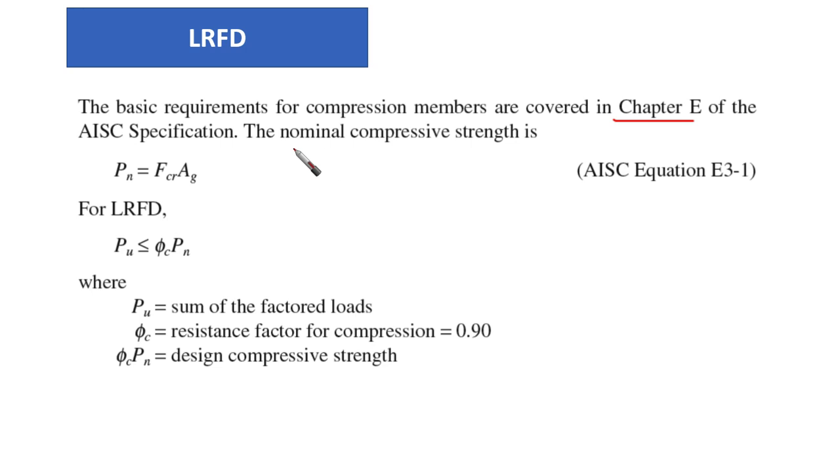The nominal compressive strength you're going to find in AISC equation E3-1, and it is written like this: Pn, the nominal compressive strength, equals Fcr times Ag, the gross area, where this Pn is the nominal compressive strength.